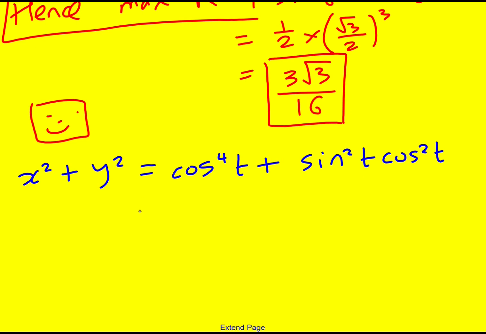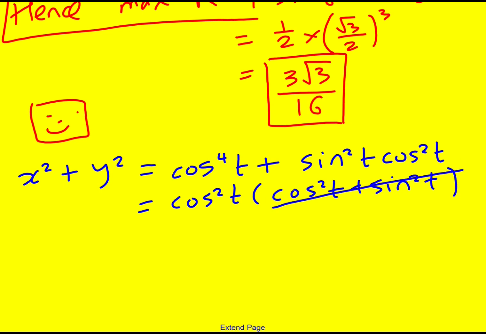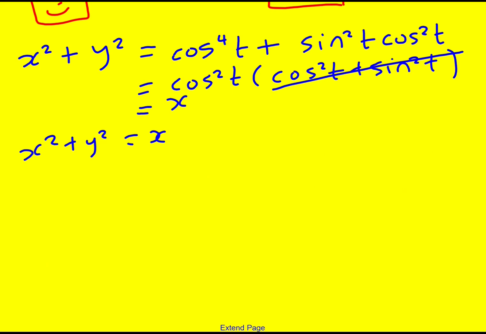Okay, so actually, I can factorize out the cos squared t to give me cos squared t plus sine squared t, and this is just 1. So x squared plus y squared is cos squared t, but actually, that's just x. So I've managed to make a Cartesian equation, and although it doesn't quite look like a circle at the moment, it is at least a Cartesian equation, and it must be equivalent to what we otherwise found.